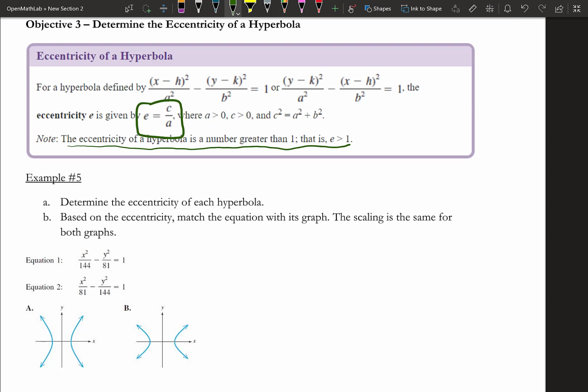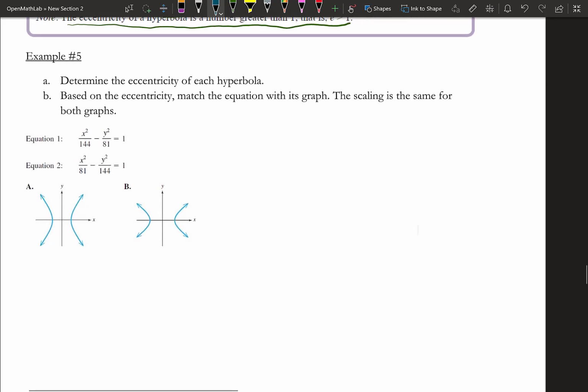And just like I noted before with the ellipse, since we're letting h, k be 0, 0, the origin, you can just get rid of the minus k and the minus h, because we're not looking at anything different than that.